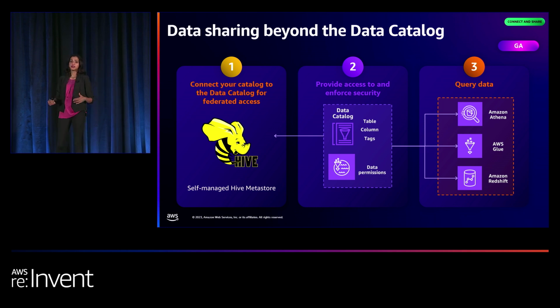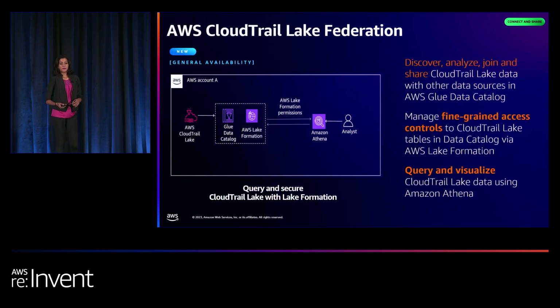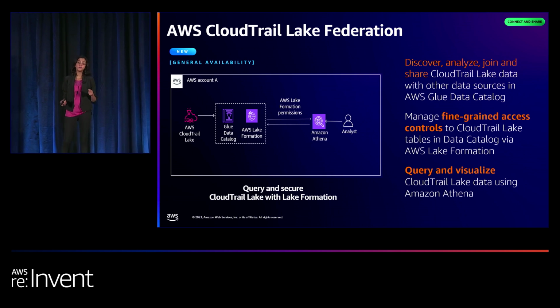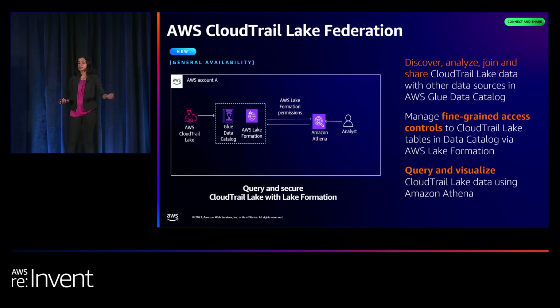So this is, again, building on top of the federation primitive. And once you have that, you can start sharing those data sets using the Lake Formation primitive and start applying fine-grained permissions.